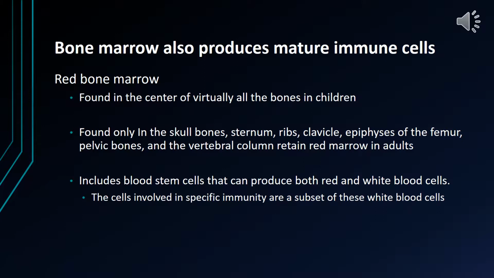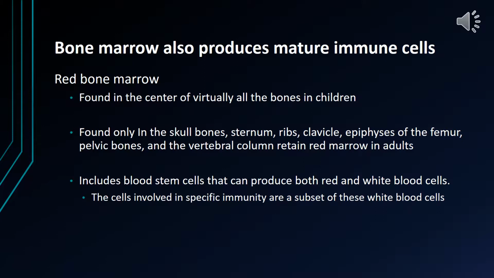And we're talking about the red bone marrow, which is found in the center of virtually all bones in children, but is only found in the skull bones, sternum, ribs, clavicle, epiphysis of the femur, pelvic bones, and the vertebral column in adults.